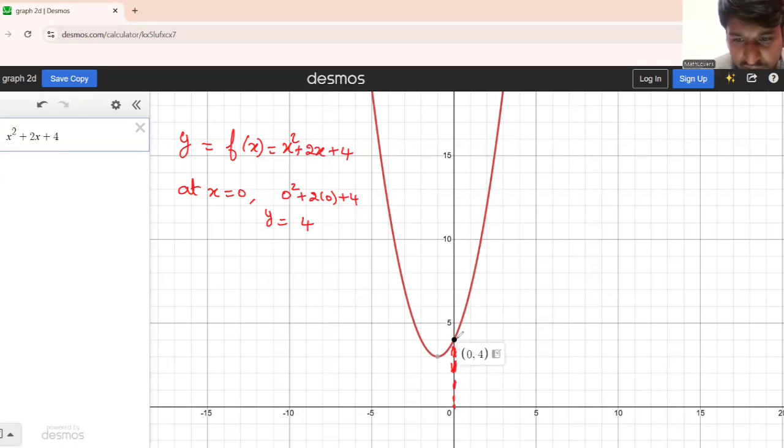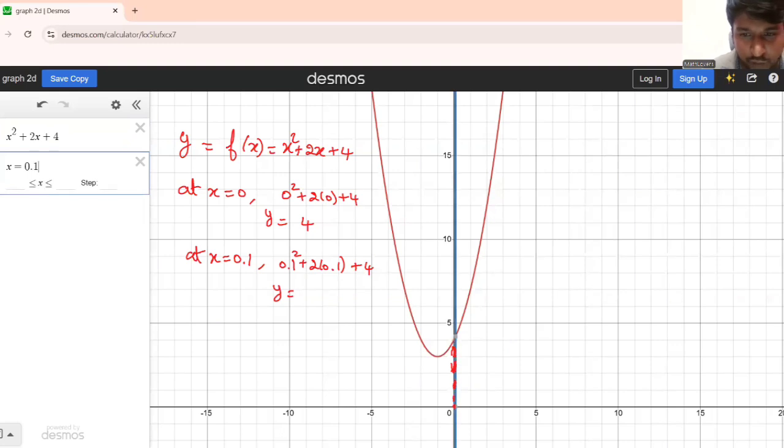Now, if I take a very close point, say x equal to 0.1, then the value of the function is going to be 0.1 square plus 2 times 0.1 plus 4. That's going to be my new y value. I'll also show you where that is by drawing a line here at x equal to 0.1.